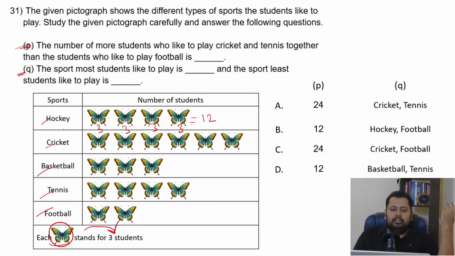Great. I think easy one. So we know that how many people like to play hockey is 3 plus 3 plus 3 plus 3 is 12, right? This is nothing but 3 multiplied by 4. That is the table that you do, right? 3 cross 4. So for cricket, how many are there? So it is 3 plus 3 is 6, plus 3 is 9, plus 3 is 12, plus 3 is 15, plus 3 is 18. So 18 people like cricket.